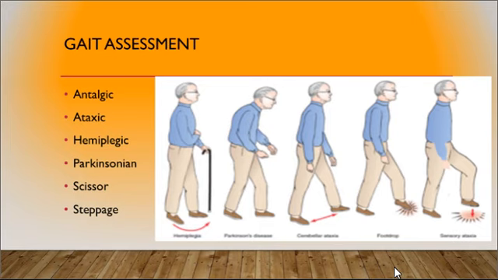You have your scissor gait, where one foot crosses in front of the other. It's more like a spastic paresis of the legs, where they have to jerk it forward. And a steppage, that's a sensory ataxia, where it's so hypersensitive they pull their foot off when it hits the ground.